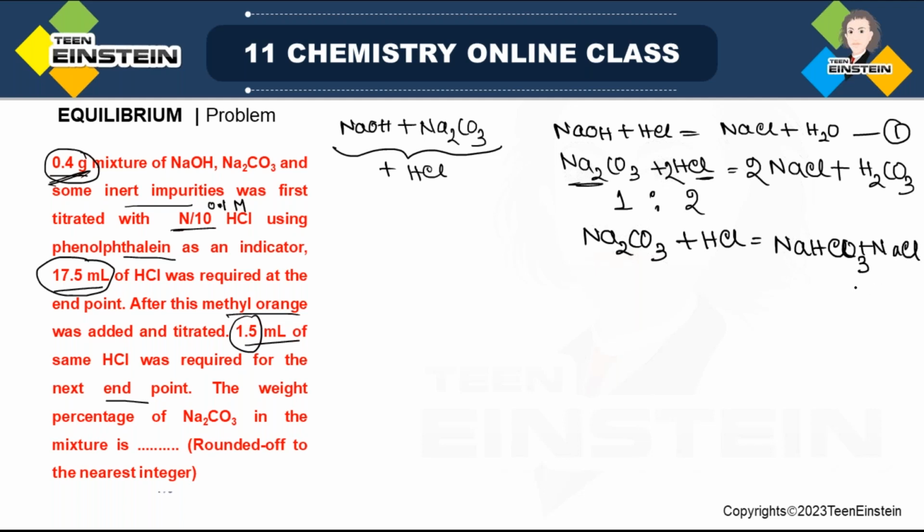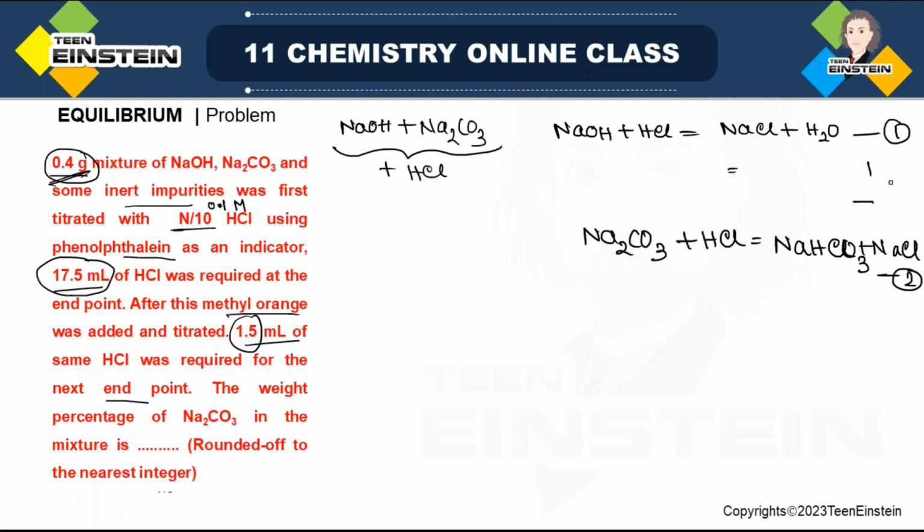So this is the reaction that will take place first. Suppose this is equation number 2, and this is equation 1. This is basically the overall equation. So these two reactions will happen first.